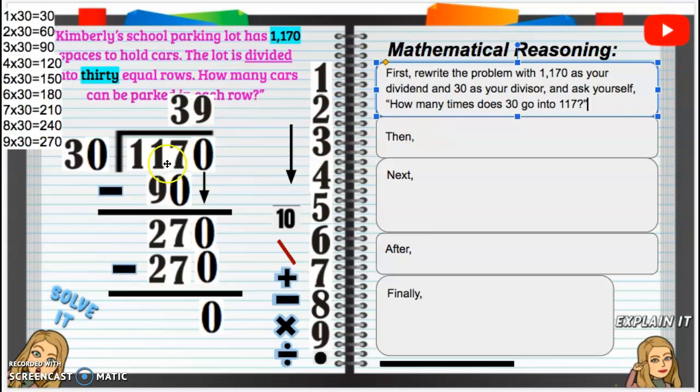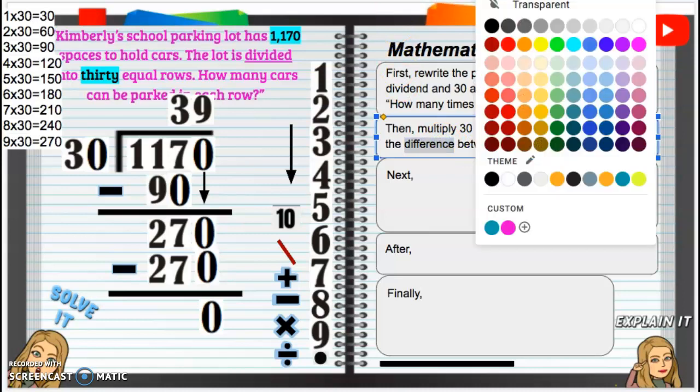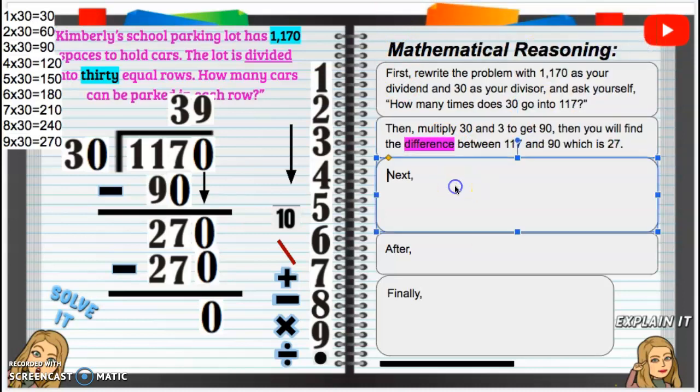Because remember, we had to go all the way into that 117. Then multiply 30 and 3 to get 90. Then you will find the difference between 117 and 90, which is 27. Also, I know that word difference is going to be a vocab word. I'll put it in pink here.